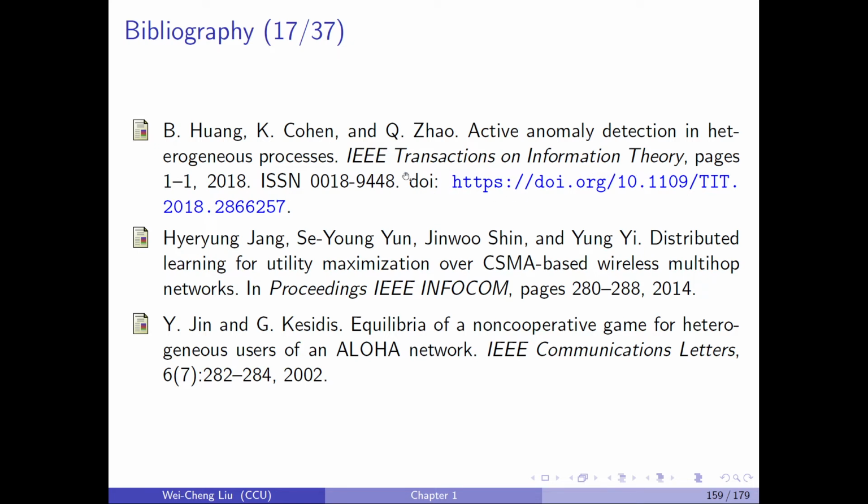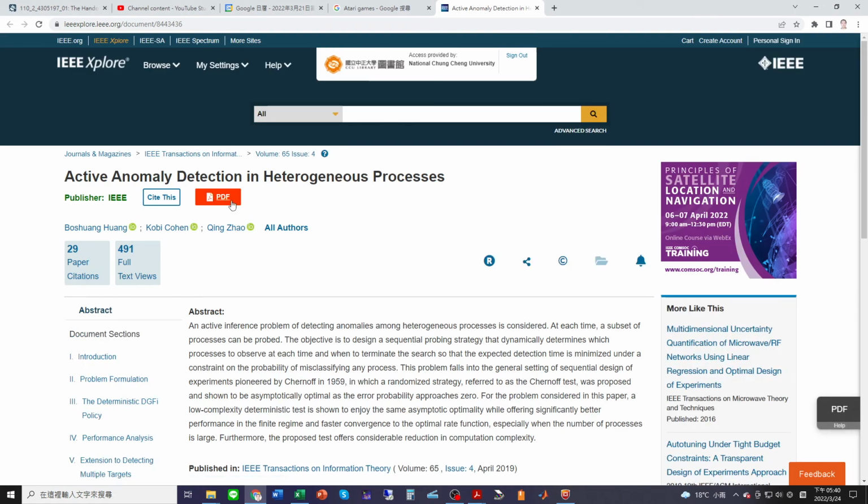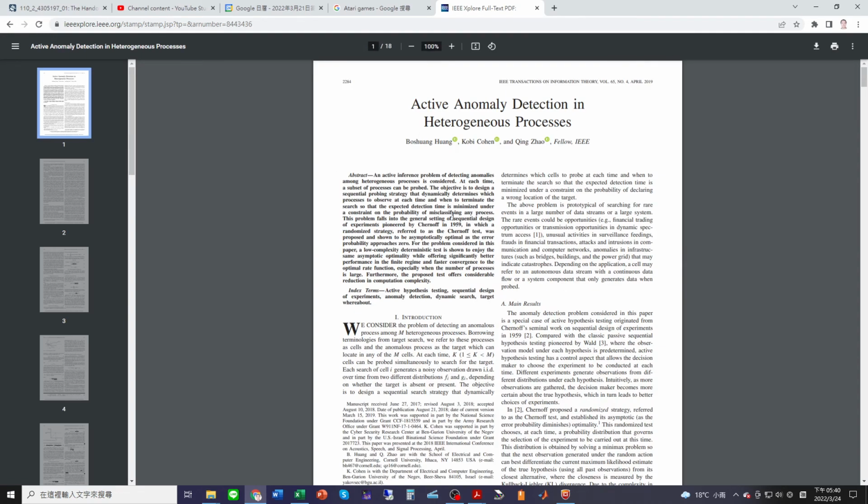And here is the DOI, and you can click on this hyperlink and wait for a moment, and you can download the PDF here. Okay, it is very convenient. Okay, like this.